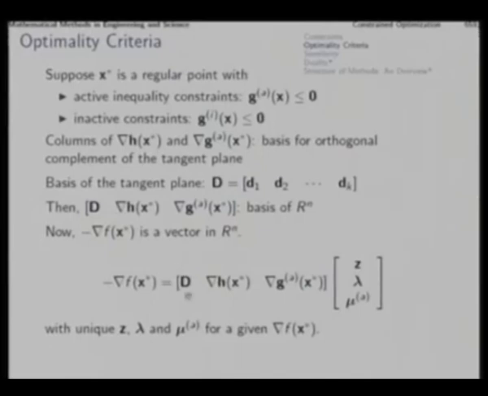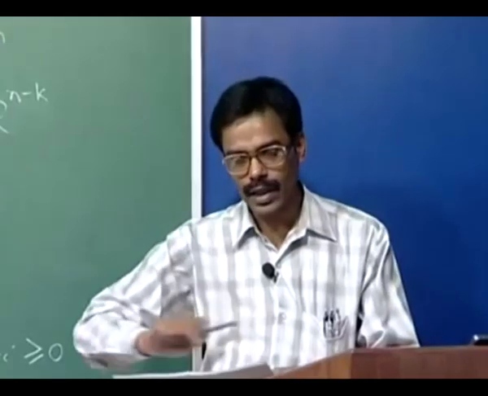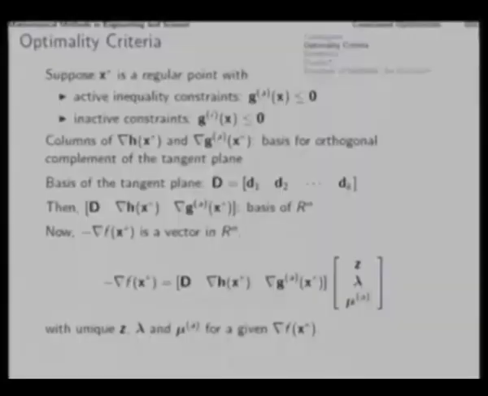One part of it describes the tangent plane and the other part describes all orthogonal vectors. Now, we say that dz is the component of the negative gradient in the tangent plane, and the other two together are the component of the negative gradient orthogonal to the tangent plane.